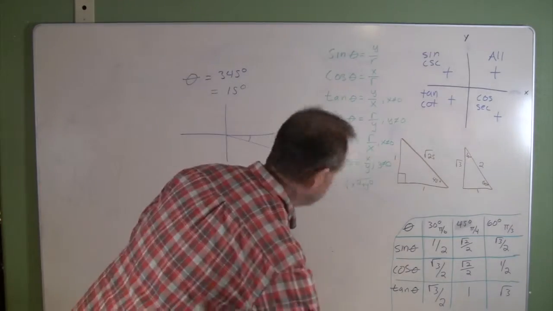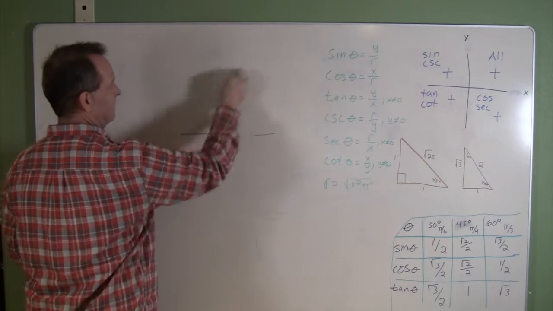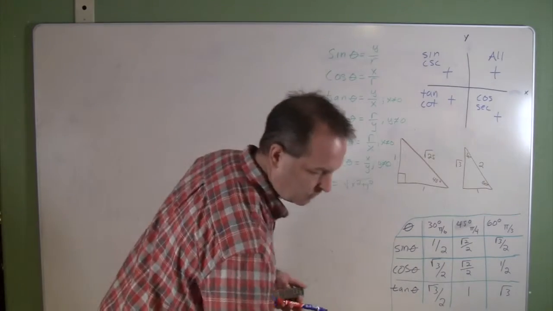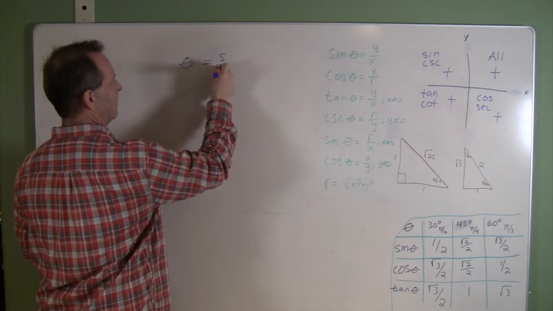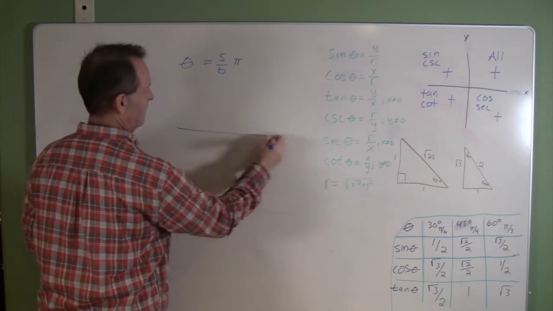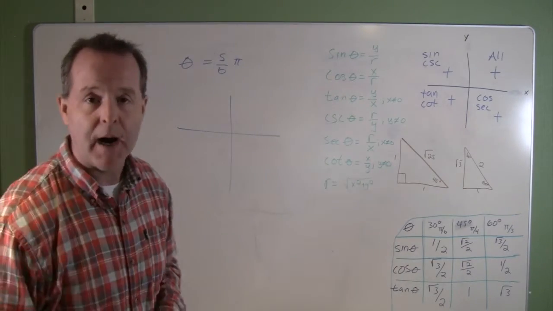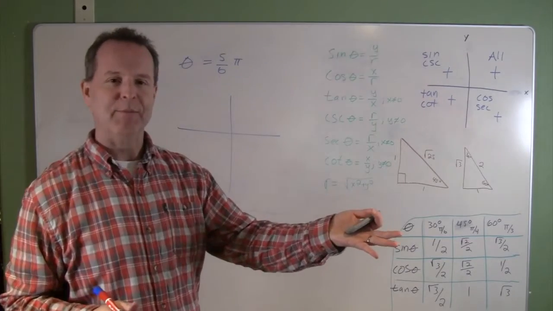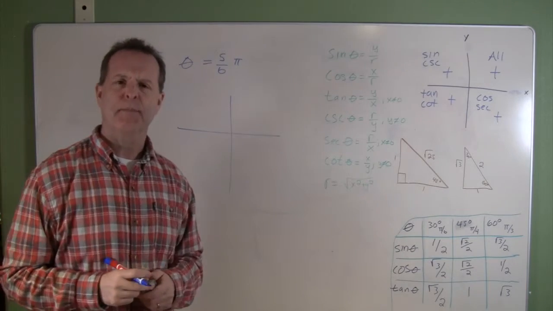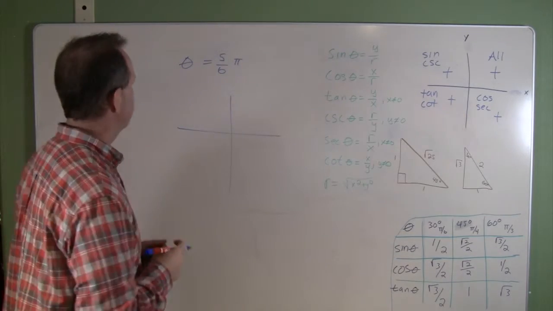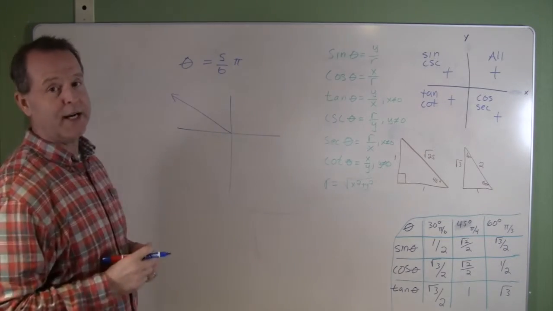So let's do a couple other examples of what that could look like. All right, let's look at theta, an angle that equals 5/6 pi. I know I was in degrees last time. We're going to go to radians this time. So what quadrant is 5/6 pi in? Well, 5/6 pi is probably in that general direction.